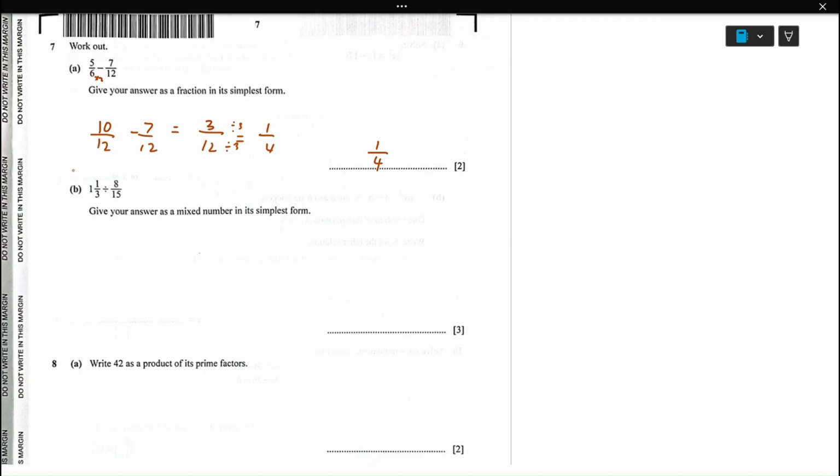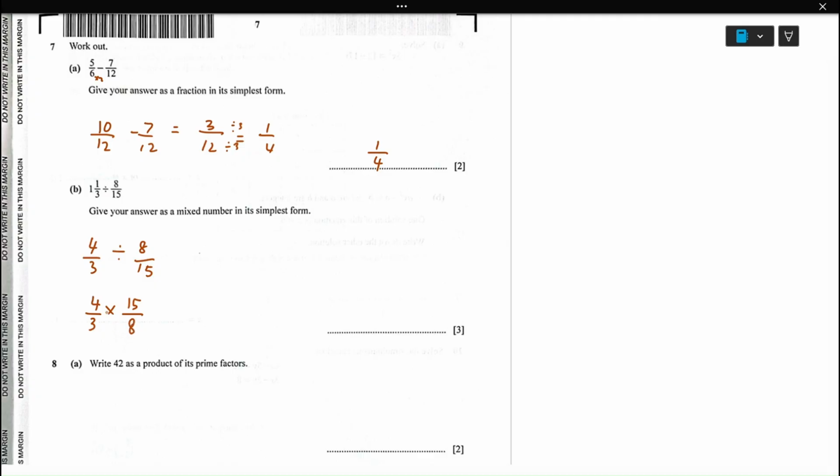Next, B part. Here also, first we need to change into an improper fraction, which is 3 times 1 is 3, 3 plus 1 is 4, so 4 over 3, then divided by 8 over 15. Now the division we have to change into multiplication: 4 by 3 times 15 over 8.